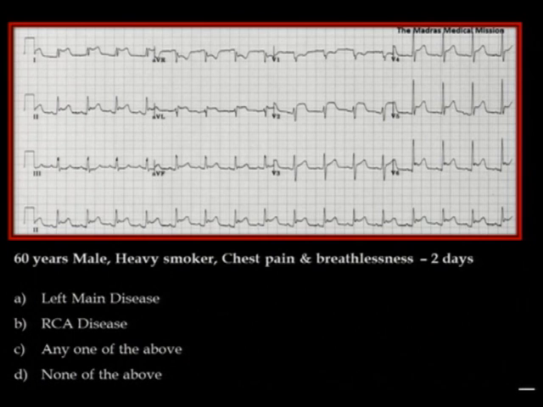Few more things. If you have an ST segment elevation in some leads where it is concavity upwards, is again a sign that it may not be acute myocardial infarction. And if you have some ST segment depression in AVR, again it is not an indicator of left main disease.